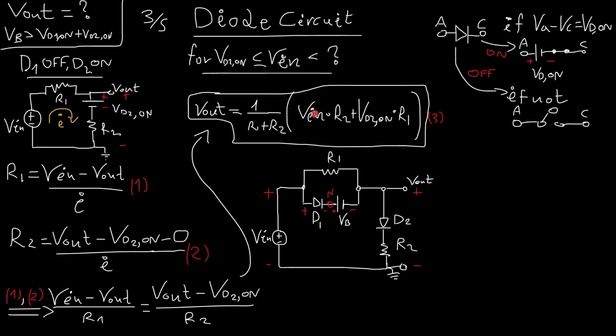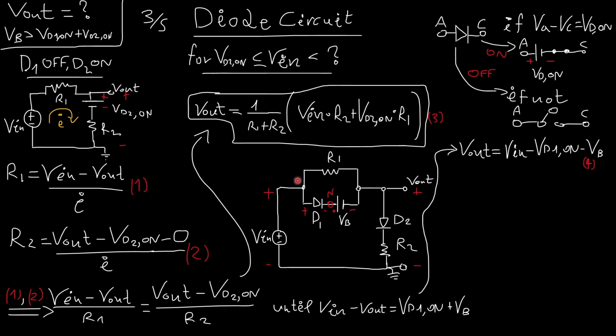Now this will hold up until D1 turns on. When will this happen? This will happen when this equation is satisfied from before. I just wrote it like this. So when the difference between this point and this point, so Vin minus Vout minus VB, alright, or we write like this or like this, is equal to VD1 on, then D1 will be on.